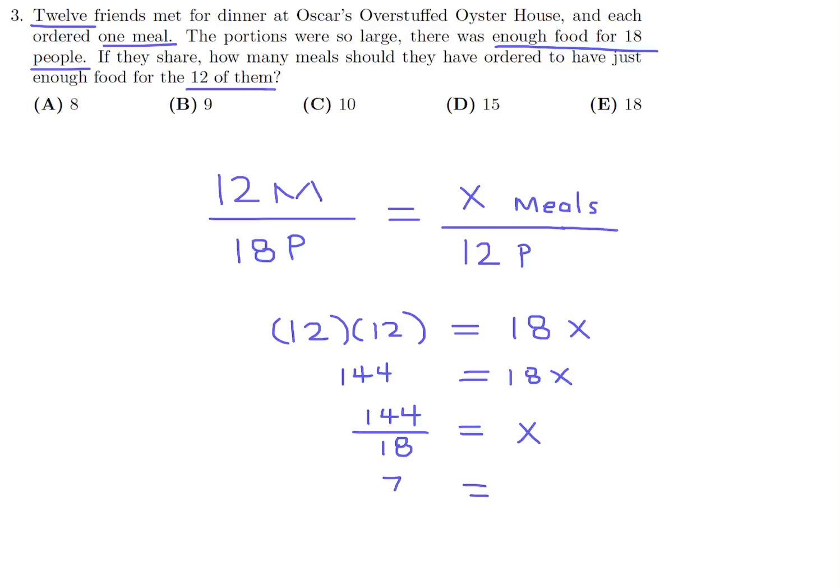So let's reduce to 72 over 9. 72 divided by 9 is 8. So there you go. If there were 8 meals that they ordered at this restaurant that has large portions, that would be enough food for 12 of them. So the answer to number 3 is A.